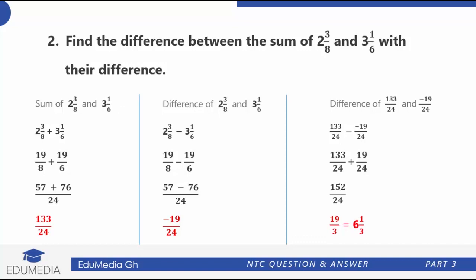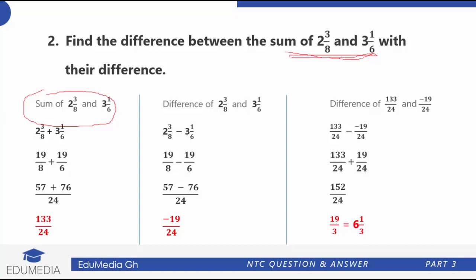Now the first aspect is the sum of this, with their difference. So I'm going to look for the sum of this first. After that, I look for the difference of that as well. Then the answers from both sides, the sum and the difference, I now look for the difference of those answers. That's what this question is saying.